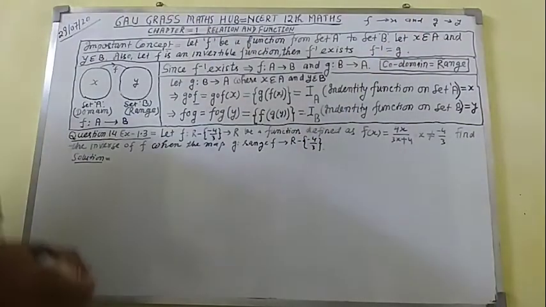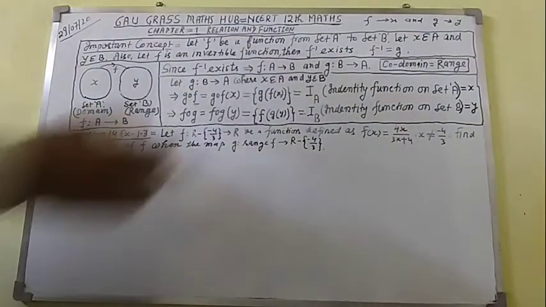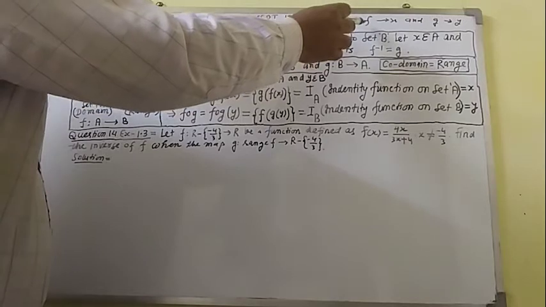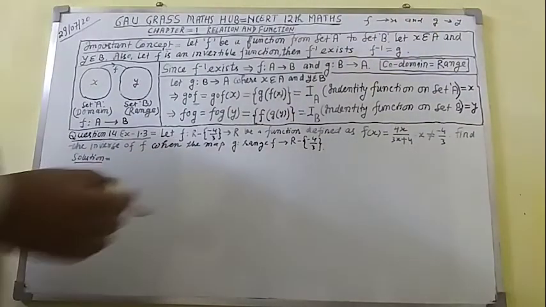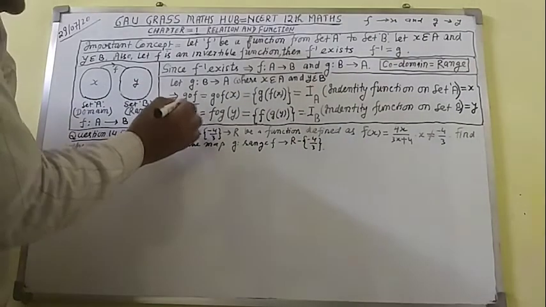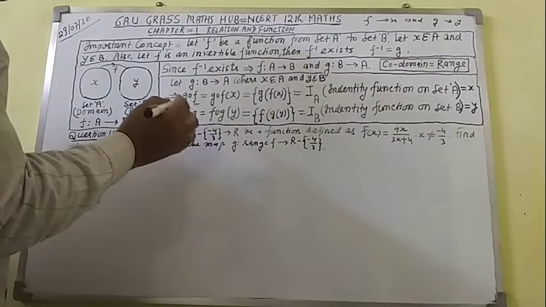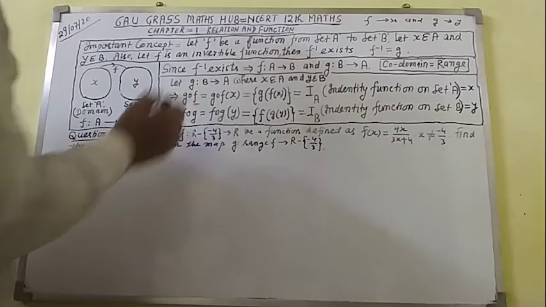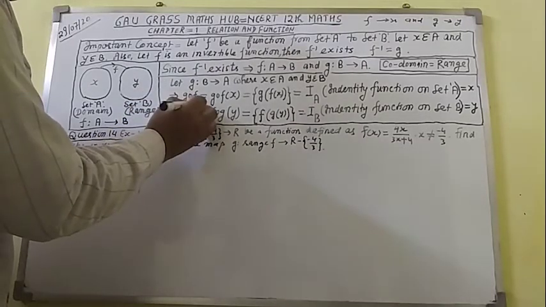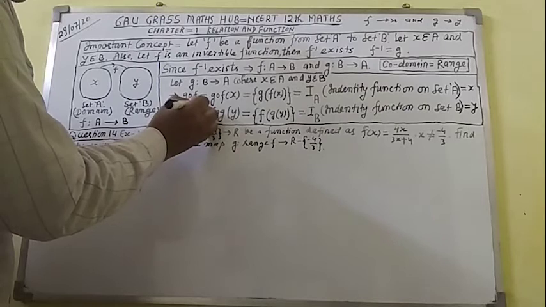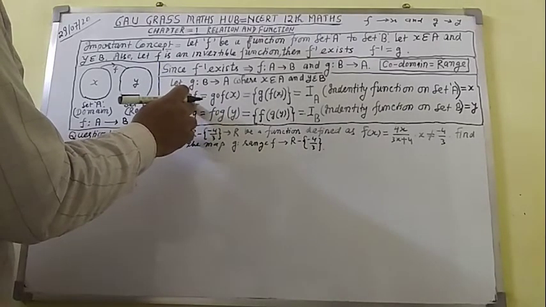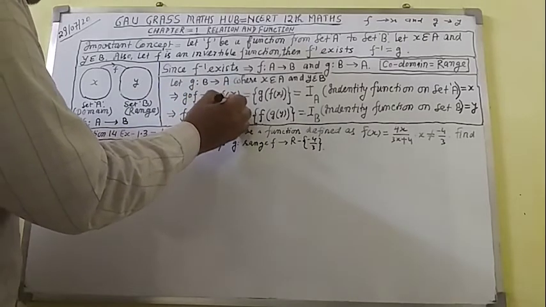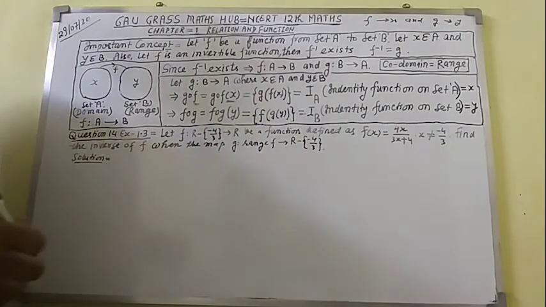This is the rule we must know. f is related to x and g is related to y. So here you can see g of f. The last letter is f, and f is related to x. So here you write f(x) like this.